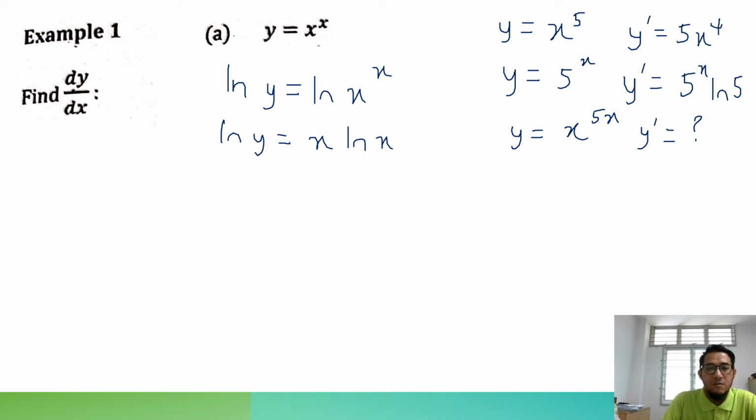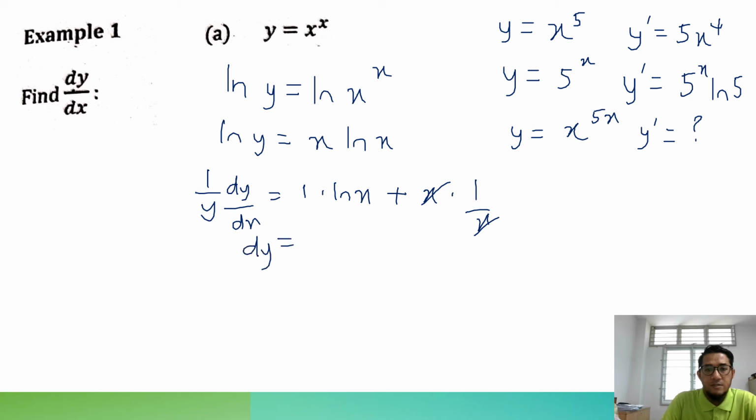After that we can differentiate. Differentiating, you get 1 over y dy/dx equals, because this is variable times variable, you need to apply the product rule. So 1 times ln x plus x times 1 over x. So that cancels, and you are left with 1 over y dy/dx equals ln x plus 1.